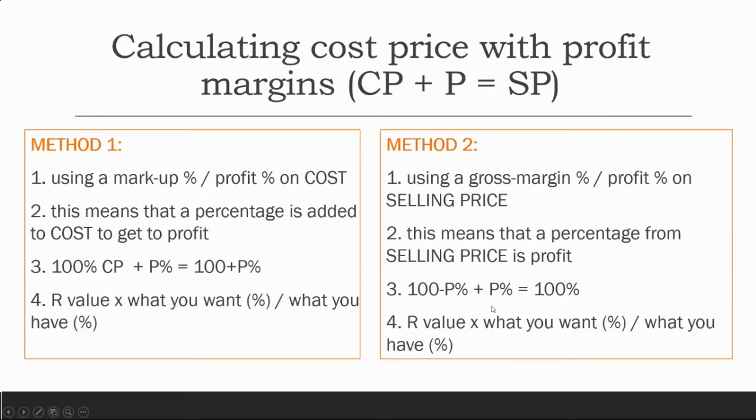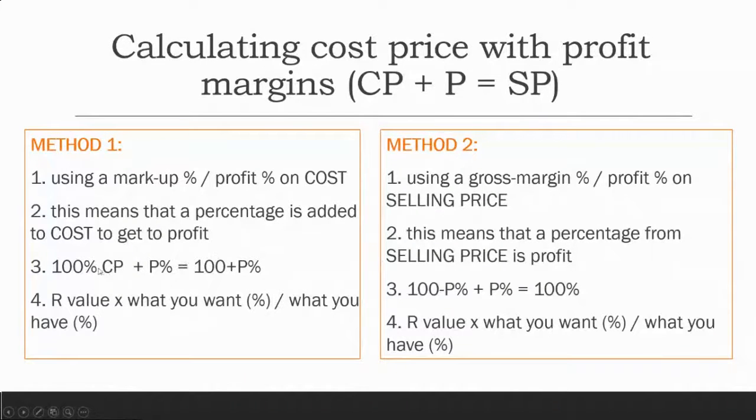Our profit percentage would be given to us. So our cost price percentage would be the 100 less what the profit is. And then the way to do the calculation is exactly the same as your markup percentage, but your percentages would just look slightly different. And this is how you do the markup percentages.